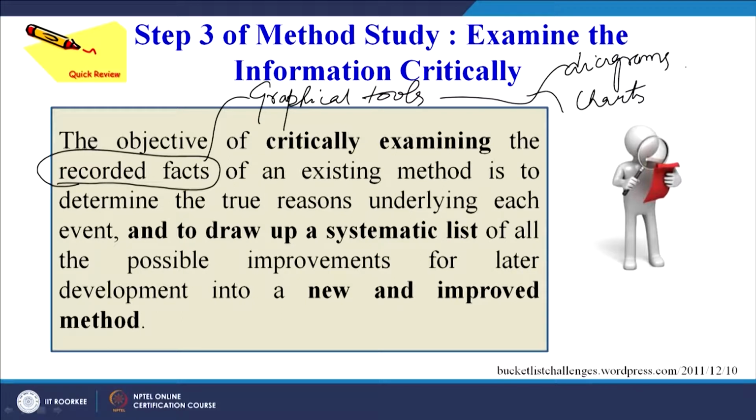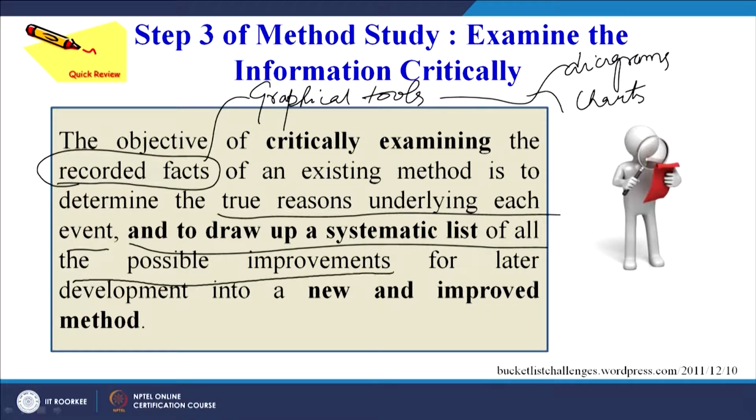So the objective of critically examining the recorded facts of an existing method is to determine the true reasons underlying each event, and to draw up a systematic list of all the possible improvements for later development into a new and improved method.